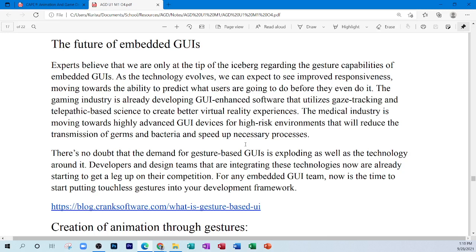Good. So another future of gesture-based UI is predicting the person's movement. Because remember, the gesture system has to track the person. So over time, if they build a database, an AI system whereby they're tracking persons, remember persons are going to make similar patterns of movements.